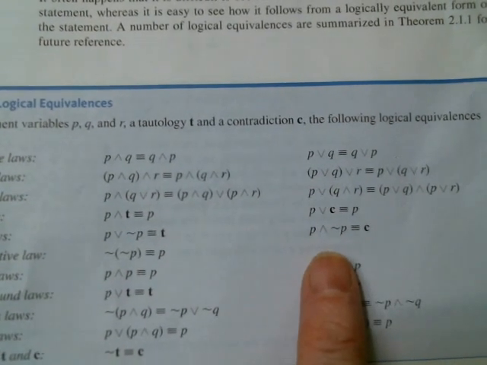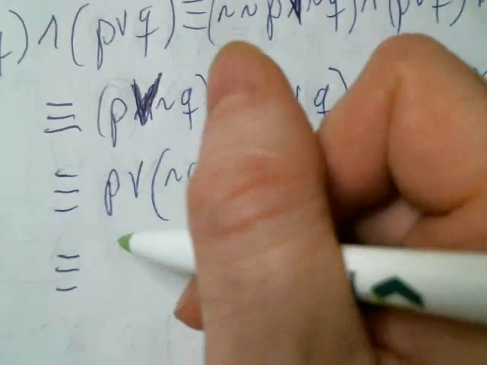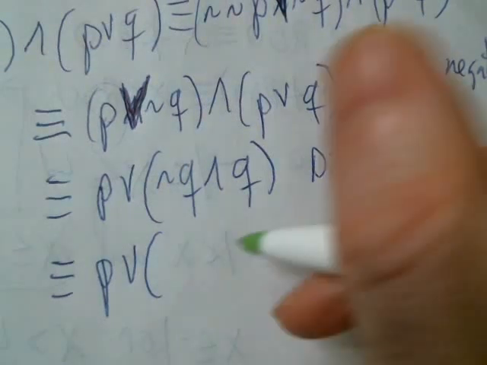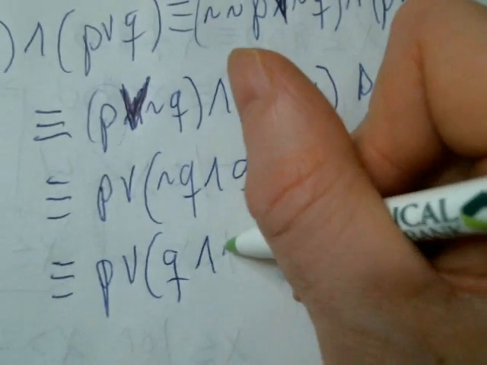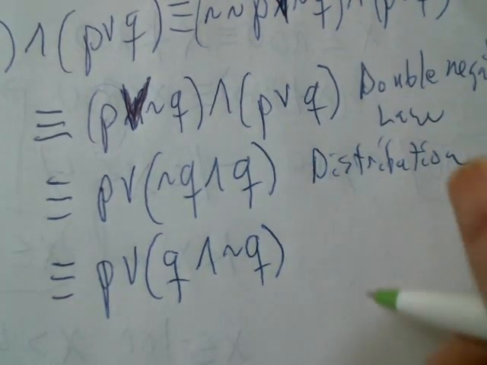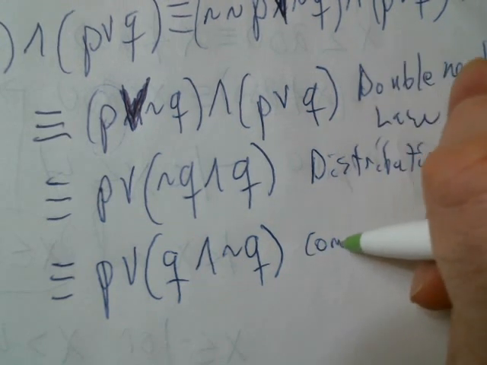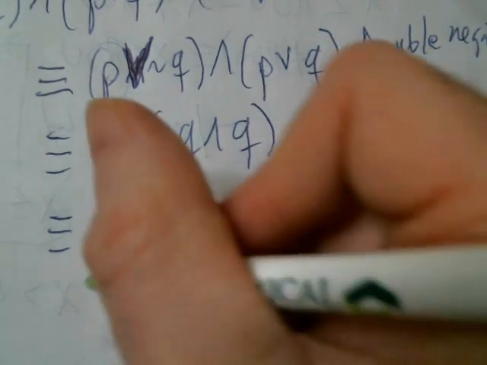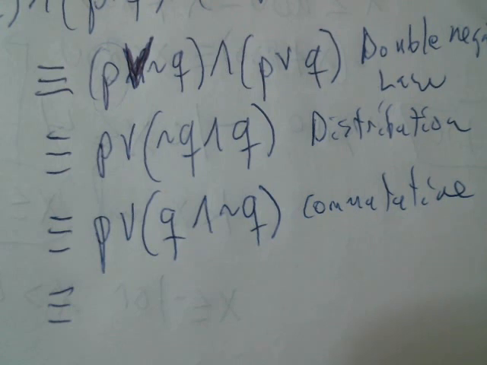So in order to get in this form, I have to use the commutative law. It seems like, oh, those are equivalent, but that's only because you've had it beaten into your head by elementary school. So I have to go painstakingly, slowly. So this is the commutative law. And then you can apply the negation law.